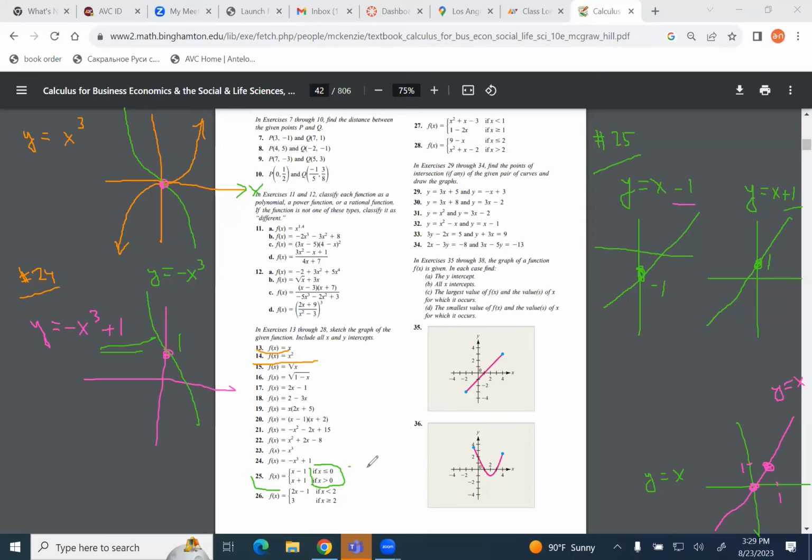restrictions. The first restriction deals with x coordinates that are to the left from 0 or negative. So from the first function, I just care about everything to the left from 0, this part. And also I include the point here because there is an equal sign. Equal sign means we take it.